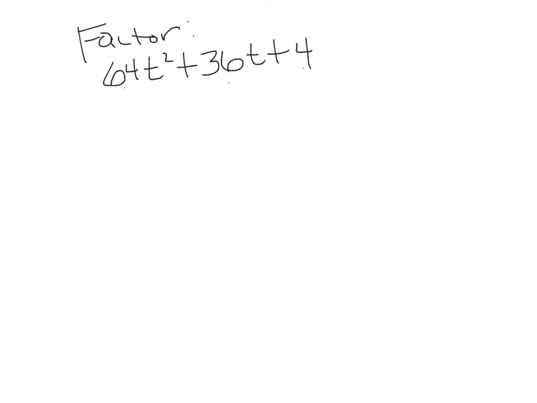And this goes a little bit more to that formula. The formula is when you have a squared plus 2ab plus b squared. That factors into a plus b quantity squared.